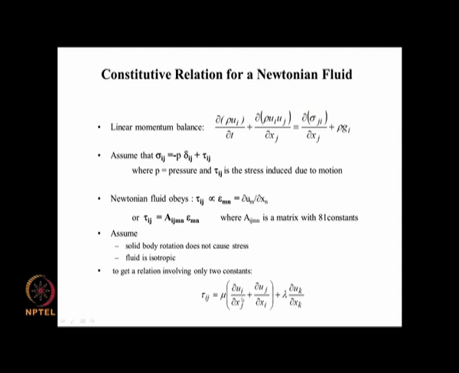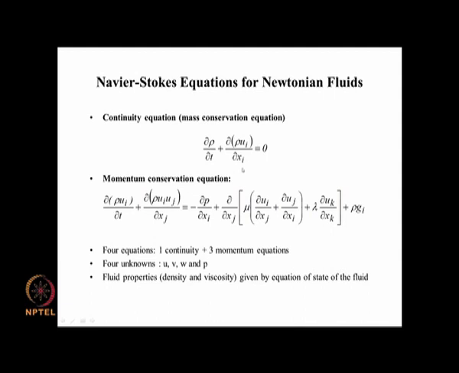Now we substitute this into the earlier expressions, and we finally get the conservation equation like this. These are the Navier-Stokes equations for a Newtonian fluid, and any flow of a Newtonian fluid is governed by these equations, with the Newtonian fluid assumptions.